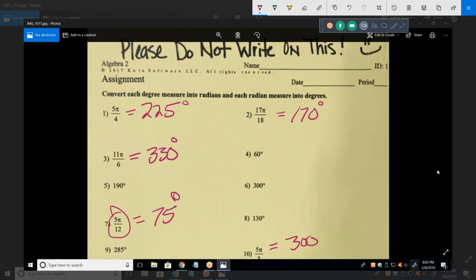Now, when we go from degrees to radians, you don't really have a simple method there. Tell me what the conversion factor is and tell me what the answer is. Pi over 180.